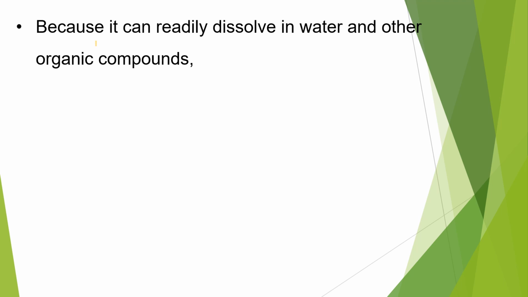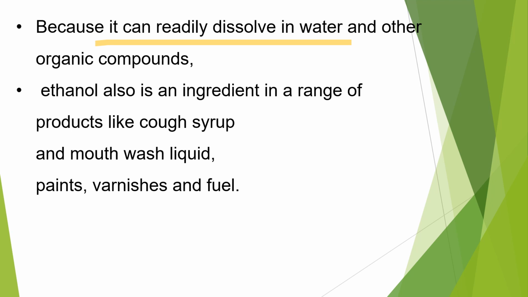Because ethanol can readily dissolve in water and other organic compounds, it is an ingredient in quite a range of products, like cough syrup, mouthwash liquid, paints, varnishes, and also as fuel.